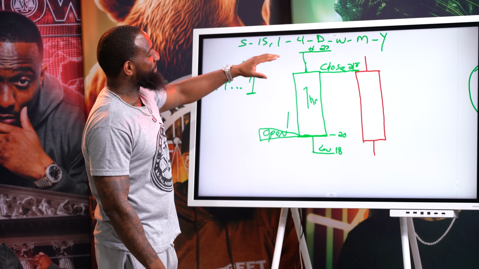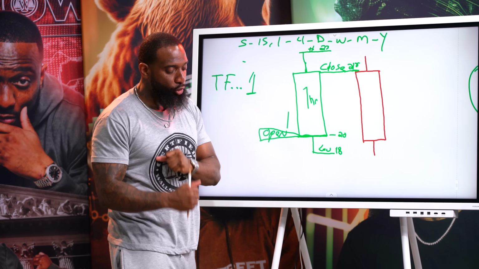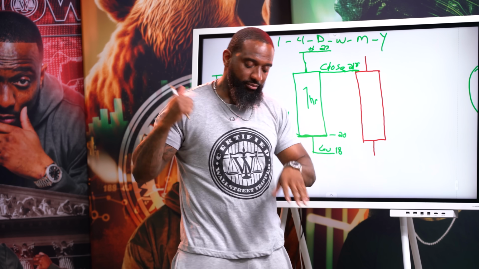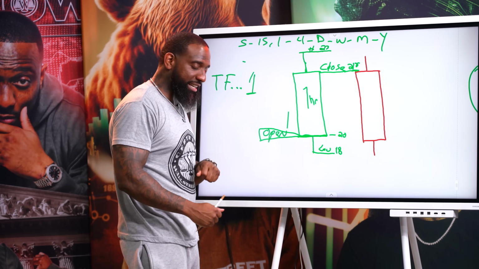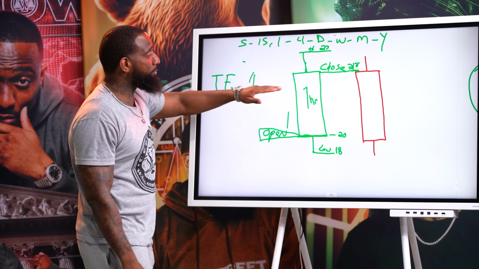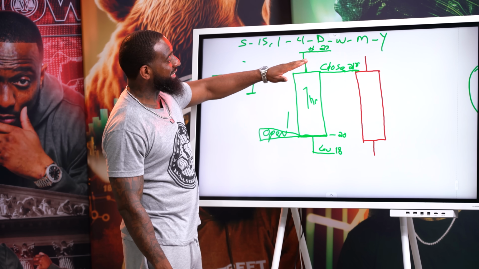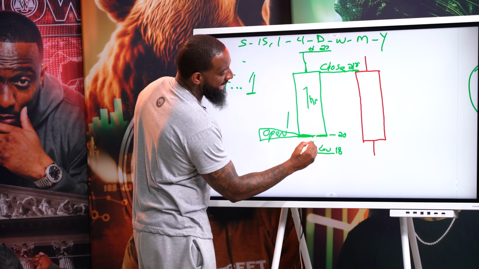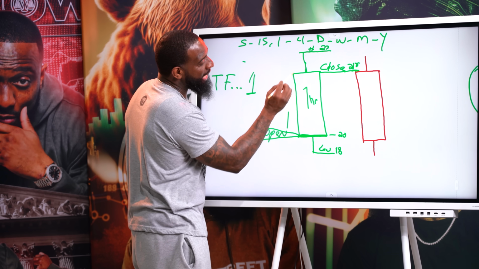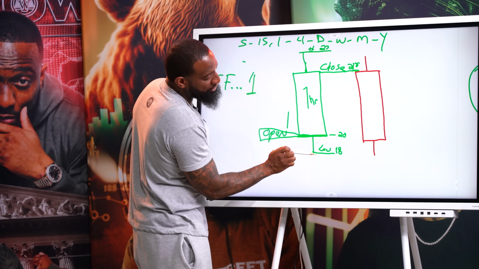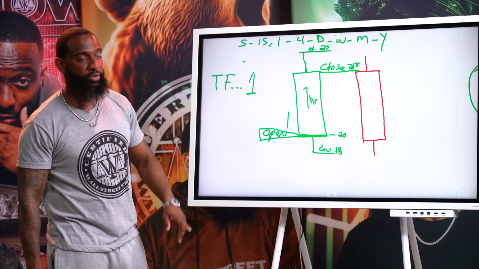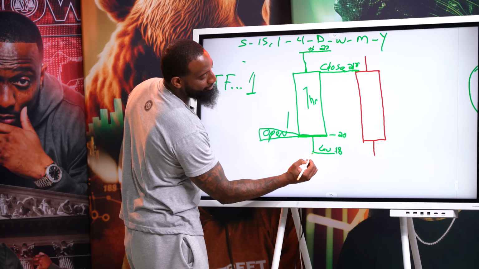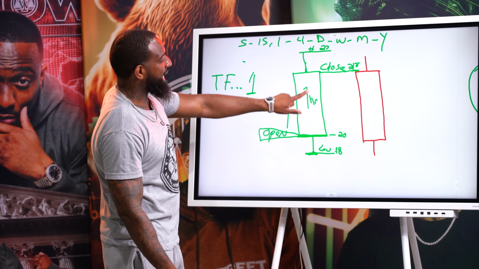Anyway, so in this 1 hour, the bulls and the bears are fighting. So the sellers are fighting and the buyers are fighting. So at some point in this 1 hour, even though it opened here, the sellers were able to push this stock down to $18. But here's what happened. It got rejected because the buyers came in.